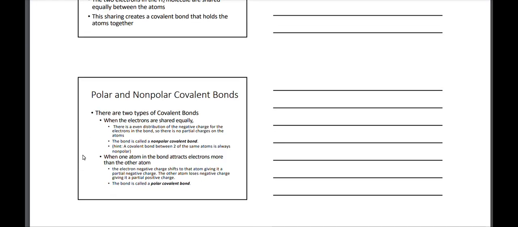So there is no partial charge on either end of the bond, right? Because the electrons are positioned right here in the center. Neither side has favorability when it comes to the negative charge. The negative charge is right in the center. Okay? So the bond in this case is called a non-polar covalent bond.